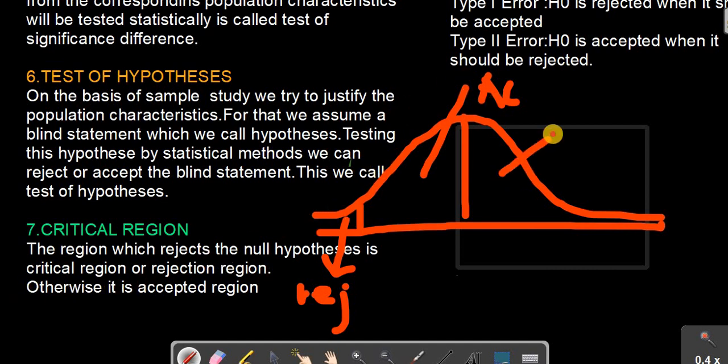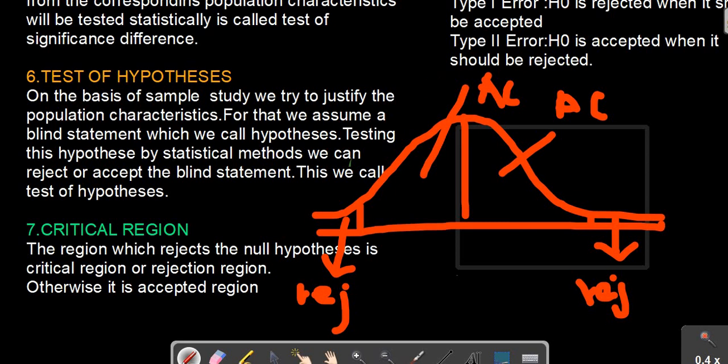In the same way this side is also an accepted area, and there may be a small region where our null hypothesis may be rejected. This is called a critical region, because it criticizes whether the null hypothesis should be accepted or rejected.